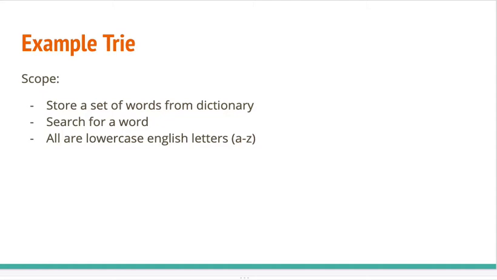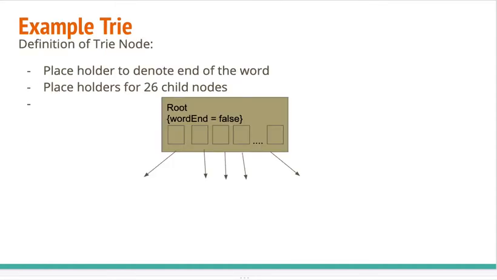Okay, let's go ahead and look at how the trie node we are going to define. So example trie will have a trie node with two things essentially. So there will be two variables. One variable will have the end of the word denotation. Basically it will be a boolean variable. It denotes whether any word is ending at a particular node or not.